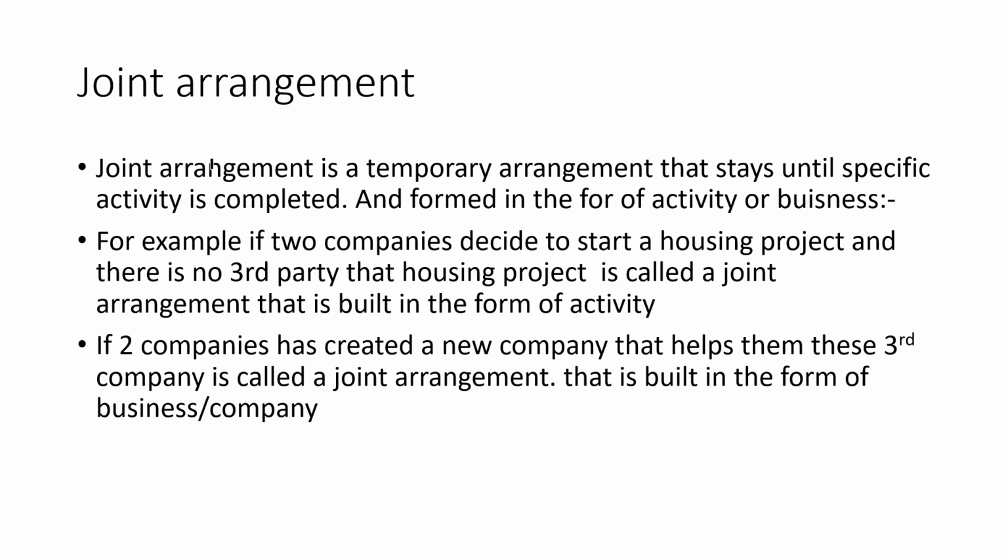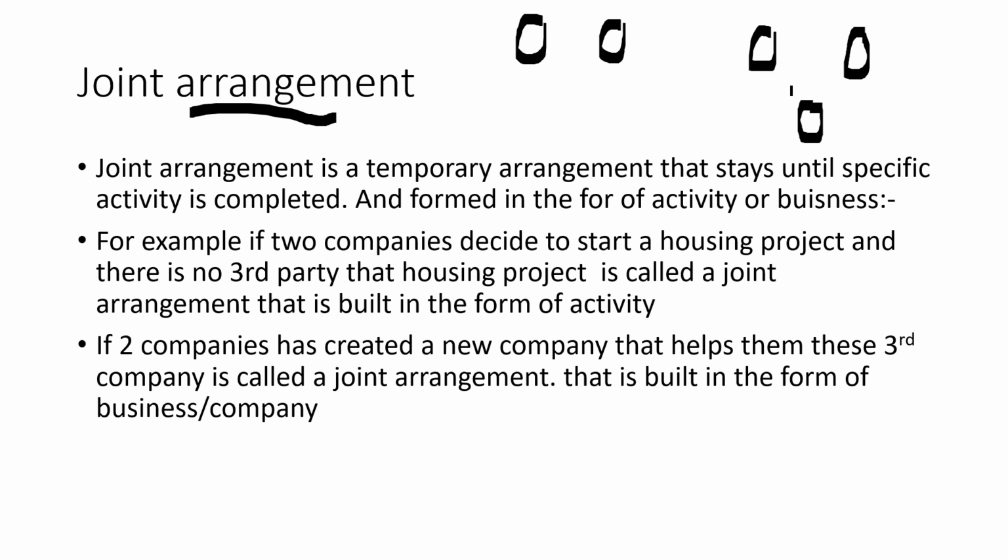So, before looking at this topic called a joint arrangement, let's look at how this joint arrangement can be formed. We can look at two ways. The first one is there is a separately owned third party, and there is X company, and there is a Y company.